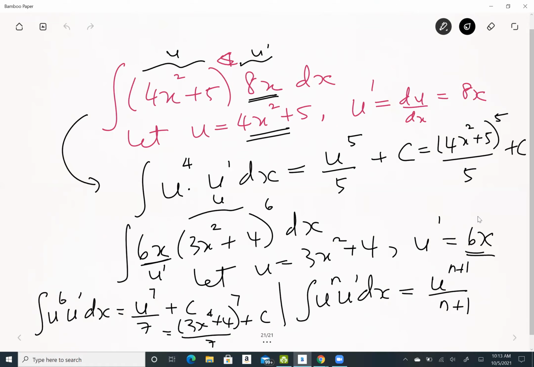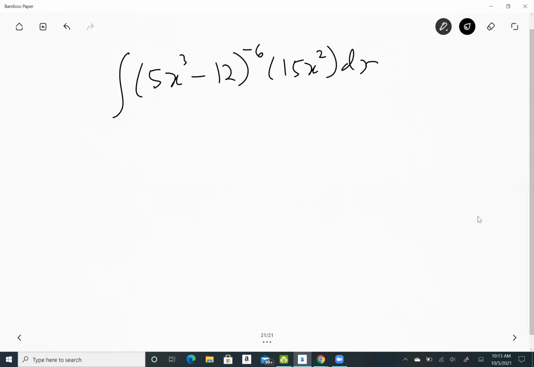All right. Now another example: you want to find the integral of 5x cubed minus 12, raised to the power of negative 6, and then I have 15x squared dx.